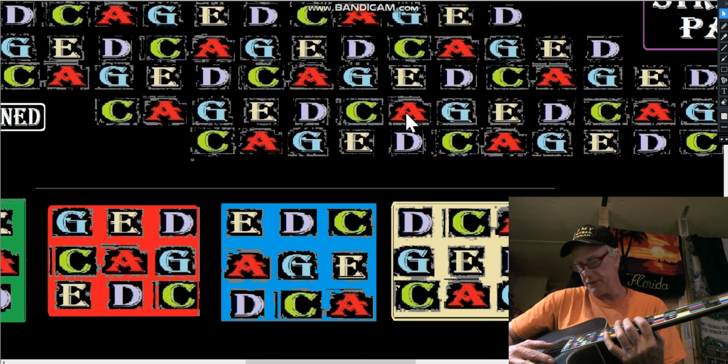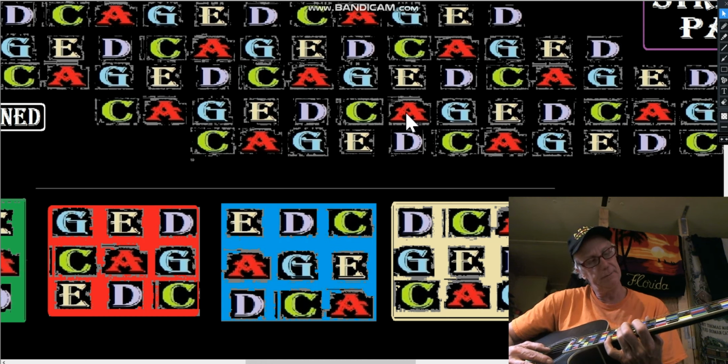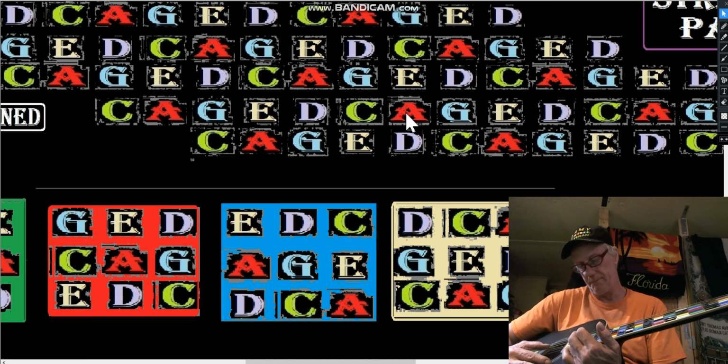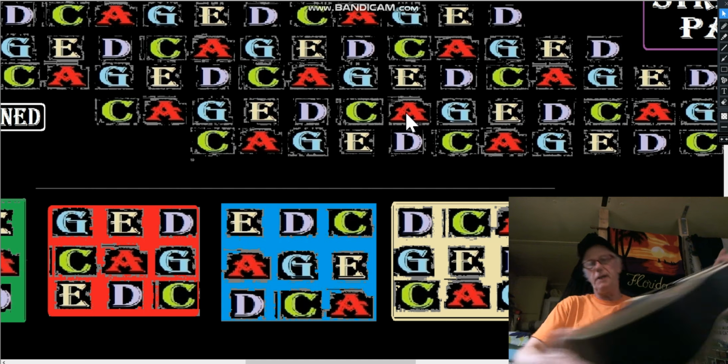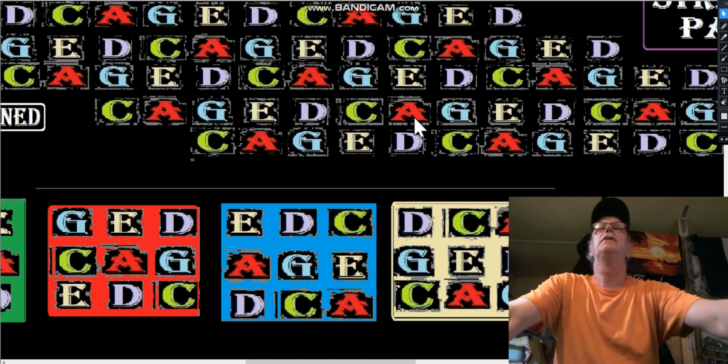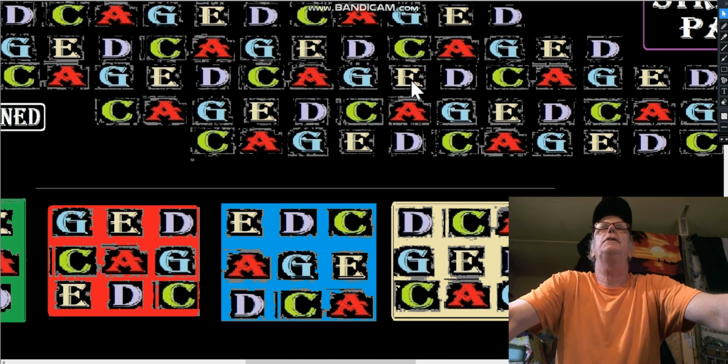This is all in the key of C, but you could do it in any key. Okay, these ones are the same.